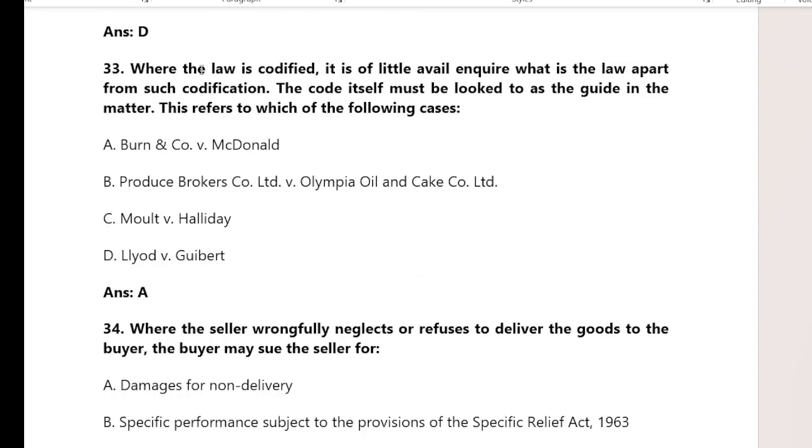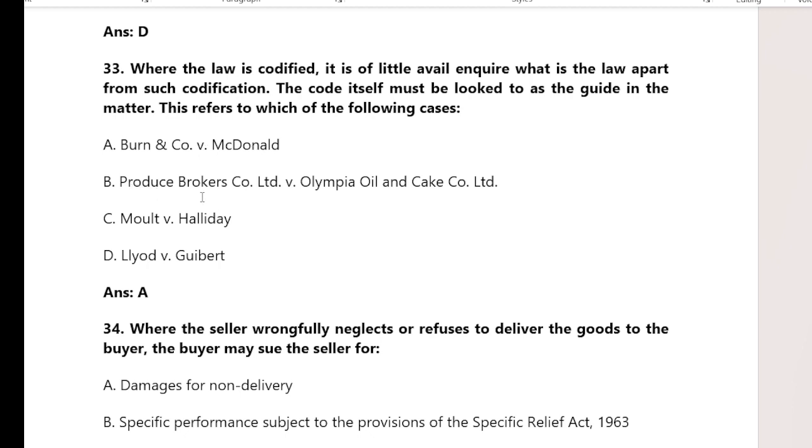The next question is, where the law is codified, what is the law? Apart from such codification, the code itself must be looked to as a guide, in which of the following cases? Option A is Bank of England and Corporation versus McLeod.